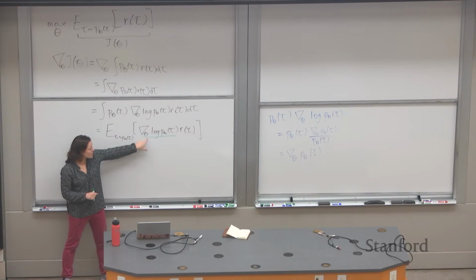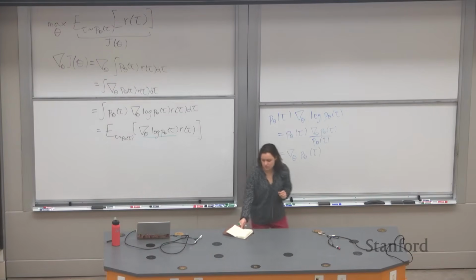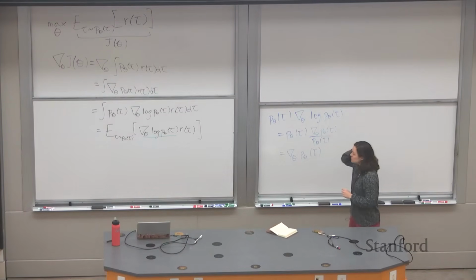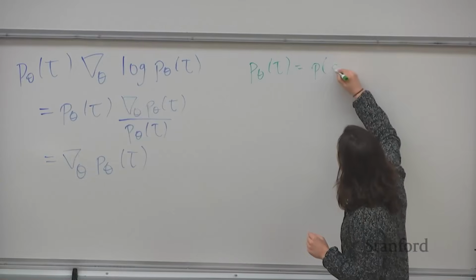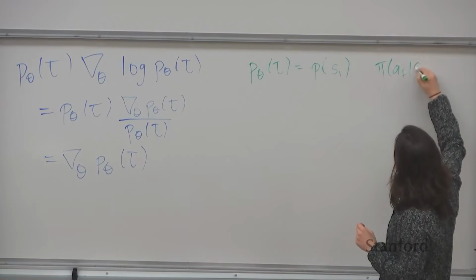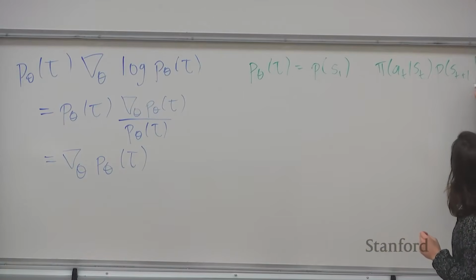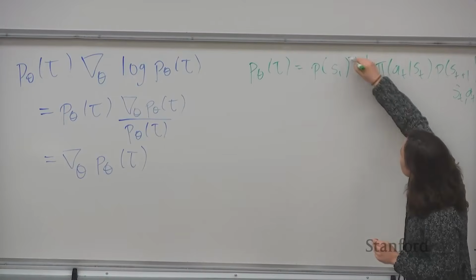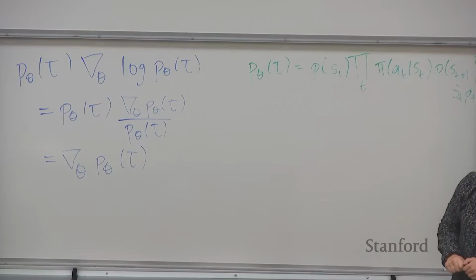So for grad log p, this is something that we can write out. If we remember that p theta of tau equals p of s1 times pi of at given st and p of st plus 1 given st, at, with a product over t.